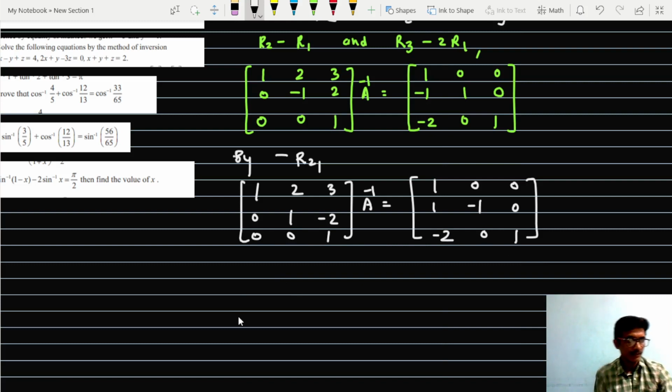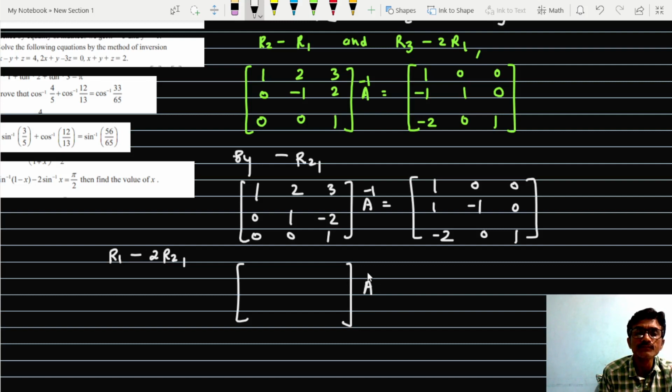Okay, then make this element 0, so this we can make 0 by R1 minus 2 times of R2. R1 minus 2 times of R2 will be: here it is 1, this will be 0, 2 times of this, that is 4, minus of -4 will be +4, and this gives us 7.